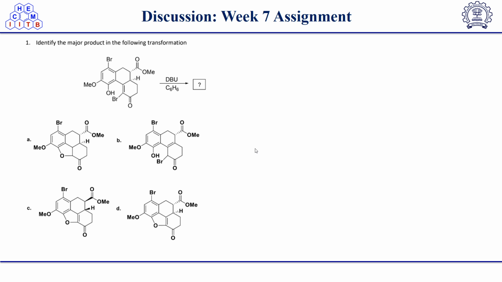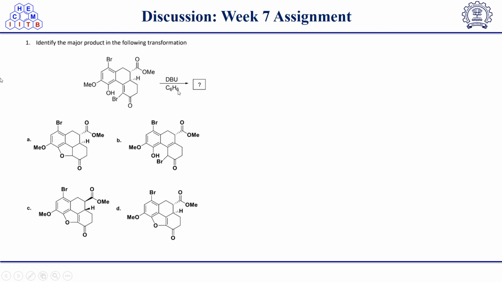Directly we will move to the first question: identify the major product in the following transformation. Here one reaction is given, that is, this particular compound on treatment with DBU in toluene. What will be the major product in this transformation?